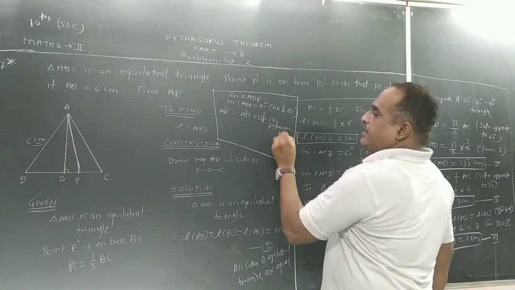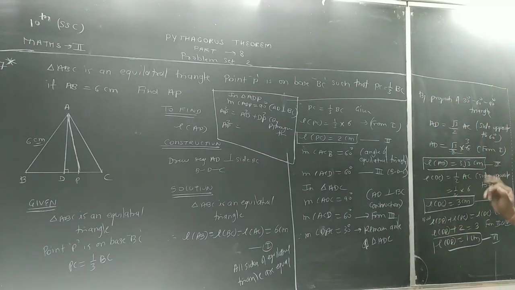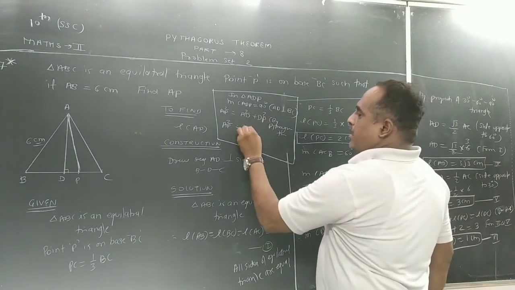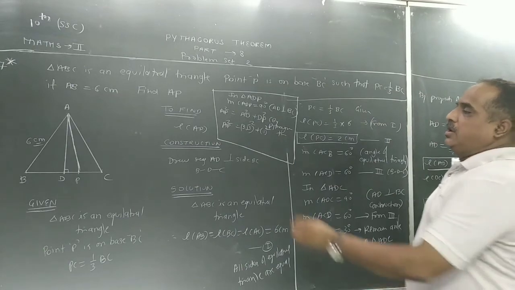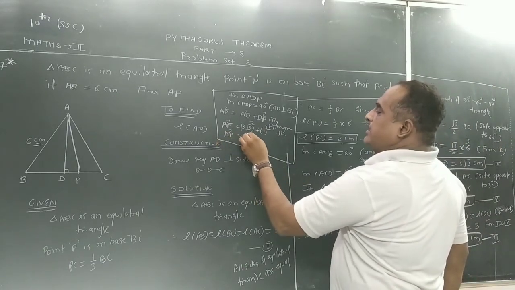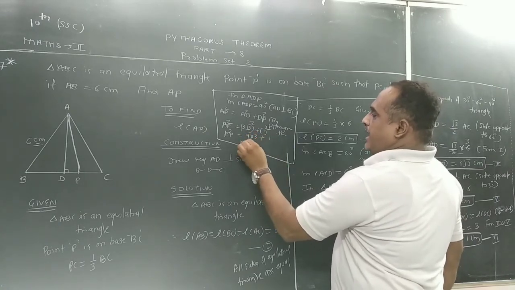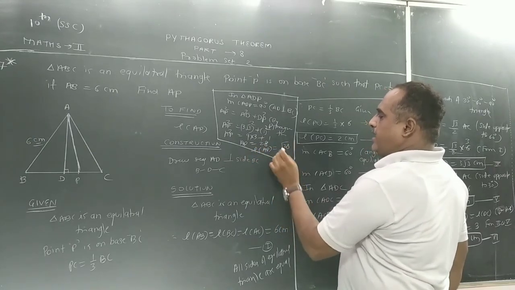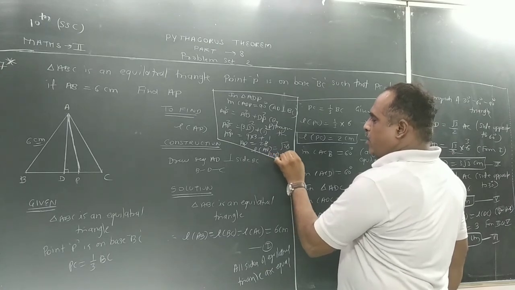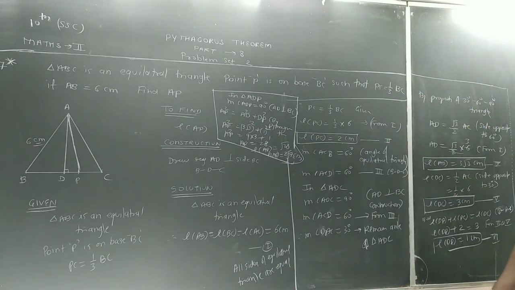AD is nothing but 3 root 3, the whole square, plus 1 square. So AP square is equal to 9 into 3 plus 1, that is 28. So length AP is equal to root 28, or 2 root 7 centimeter. 2 root 7 centimeter is the answer.